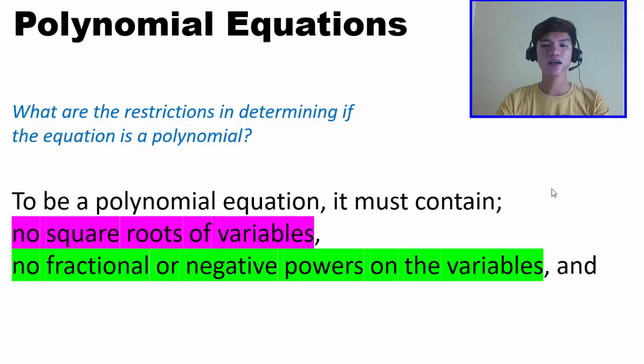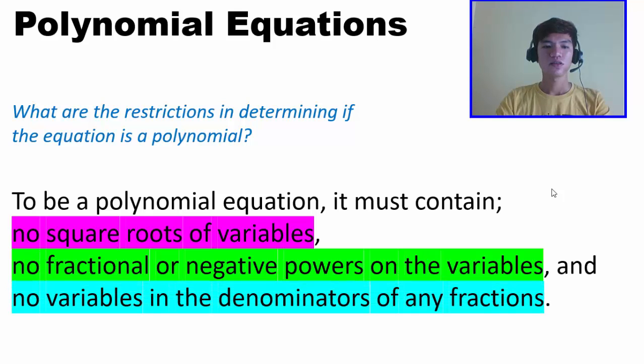No fractional or negative powers on the variables. Then the last one, no variables in the denominators of any fractions. So basically, these are the restrictions to determine if the equation is a polynomial.